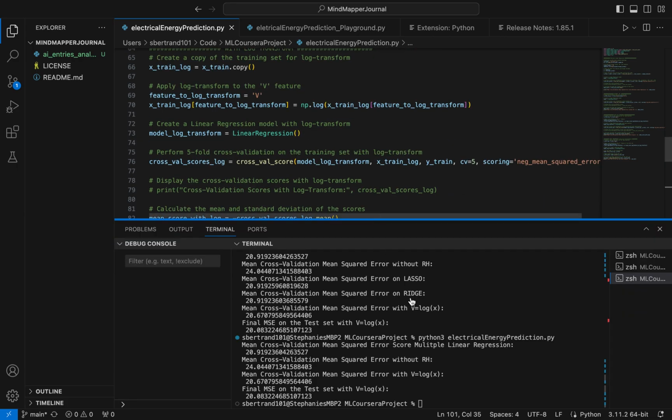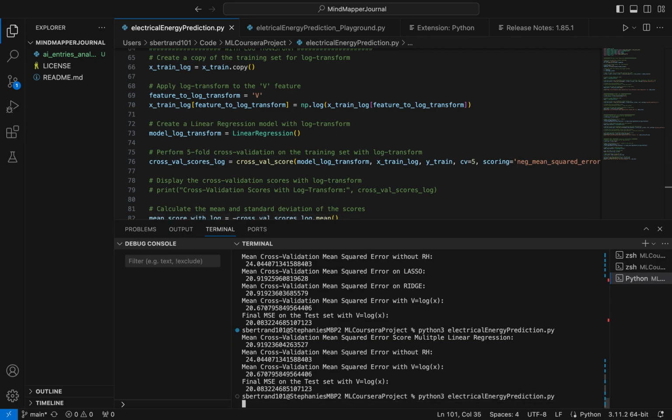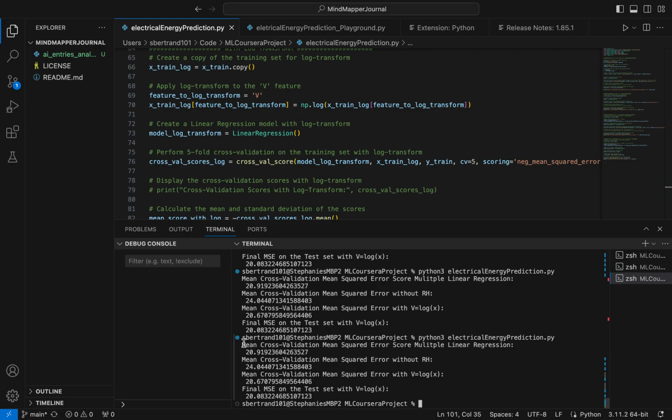Okay, so I will go ahead and demo the output values for each of those models from the cross-validation. We can see here that the multiple linear regression performed pretty well at 20.9. Getting rid of the RH feature and performing that feature selection actually did not improve the mean squared error score.